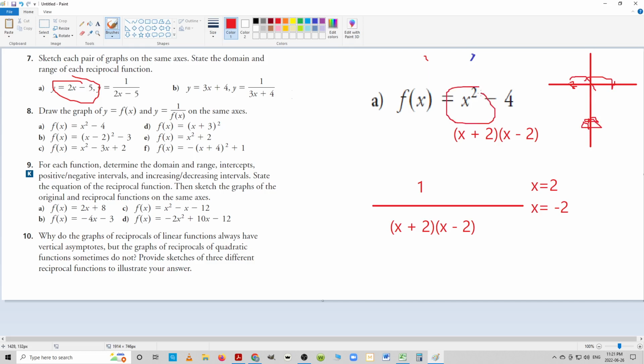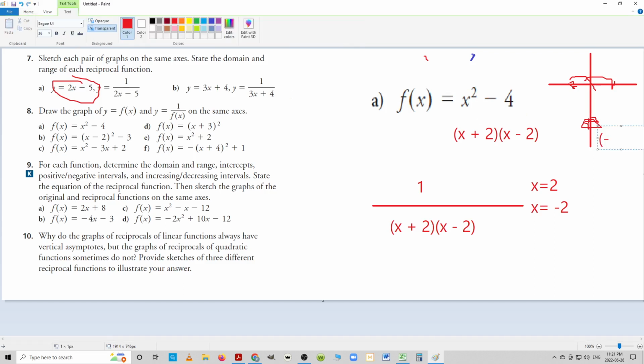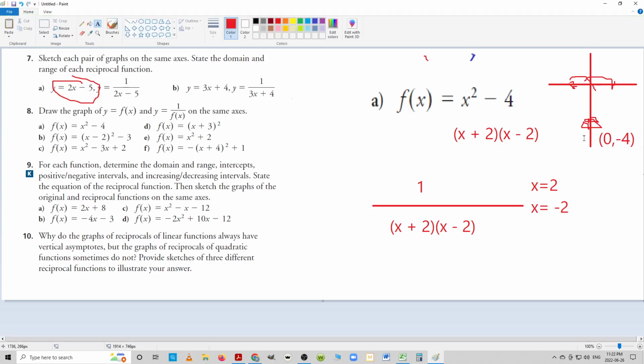When I put 0 in here, I get minus 4. Safe to say that the vertex of this will be at 0 comma minus 4. That's because vertexes are always halfway between 2 points on the same y value.